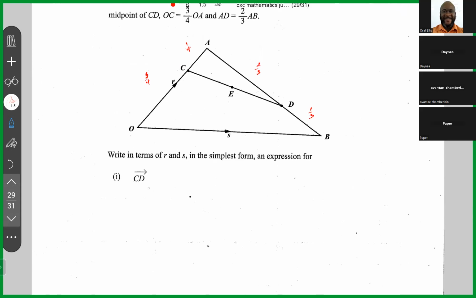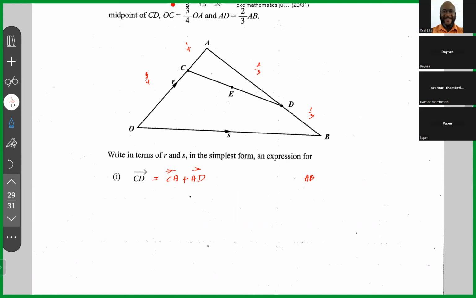Now using the triangle of vectors, CD is CA plus AD. We have CA, but we don't have AD. In order to get AD, I need AB.